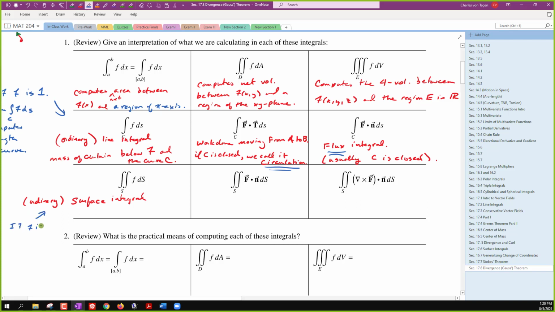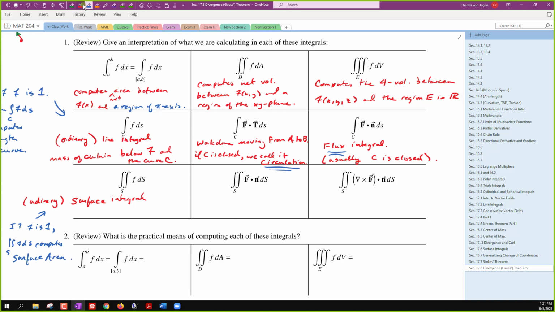If f is 1, then the double integral over S of f dS computes what? If f is 1, what does that surface integral compute, folks? Altogether, it computes the surface area. Everyone okay with that? A little concerned if you don't know that. You got to come by and see me because we got some catching up to do. Okay? It computes the surface area.